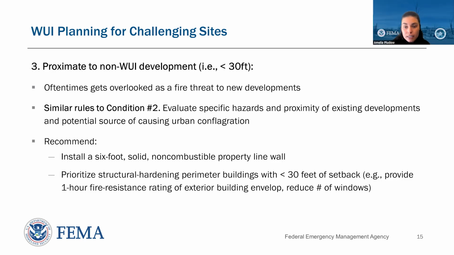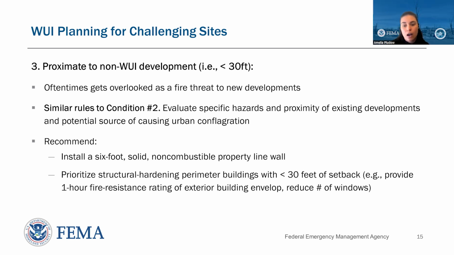A similar condition that often is overlooked is that a new development may be adjacent to an existing development that was not designed to WUI codes. And therefore, that development could present a potential fire hazard to the new development, as the structures may be more vulnerable to ignition and pose that potential for structure-to-structure fire spread.